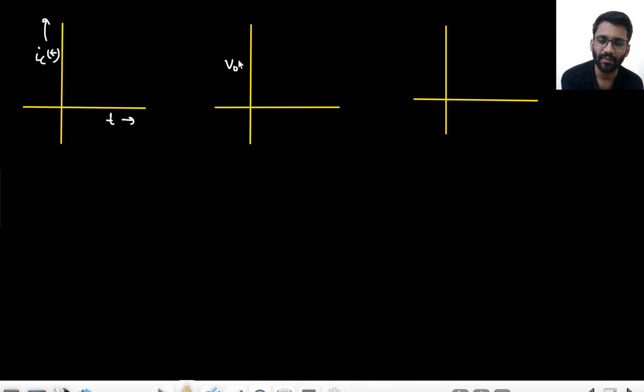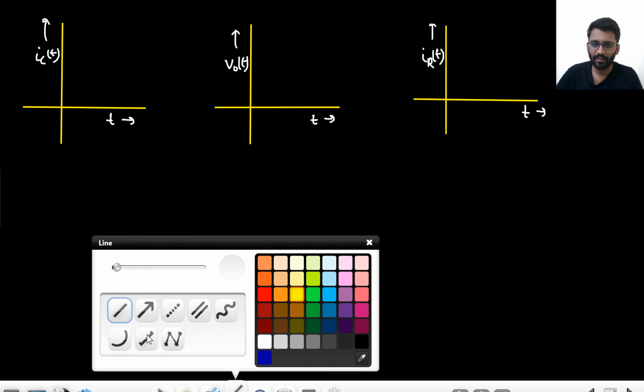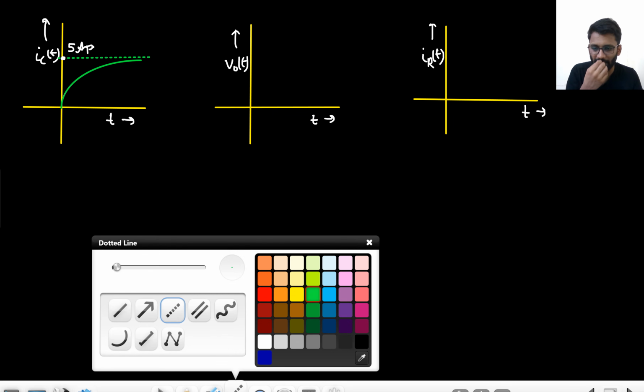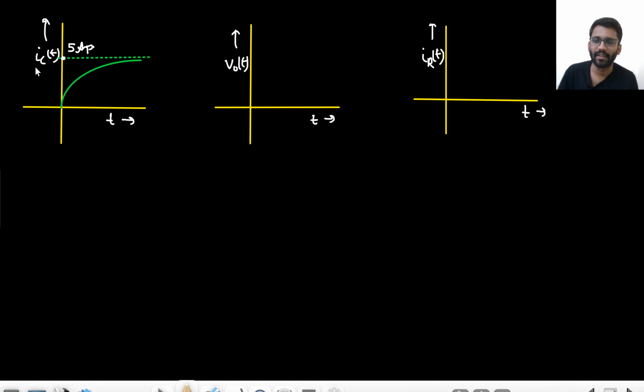ICt, V0t and IRt. This I have made IRt actually.